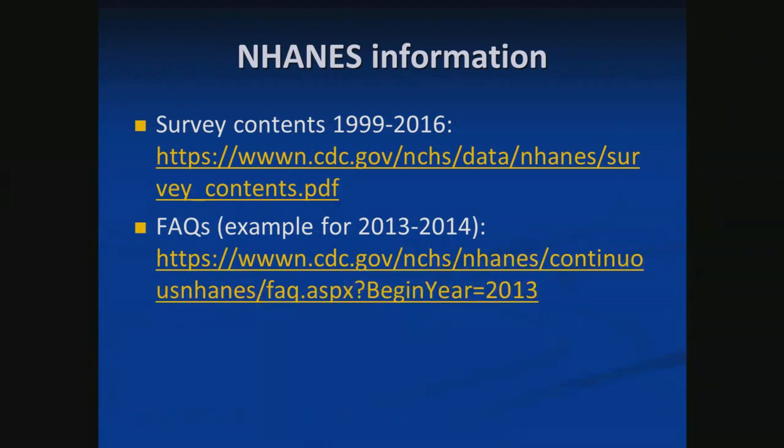And then they have frequently asked questions, which are very useful for NHANES, especially the analytic guidelines and what you should be doing to account for the weights. And that's just an example from one of the survey years. So I really recommend, if you are ever in need of some preliminary analyses or a cross-sectional study, these are very useful data.